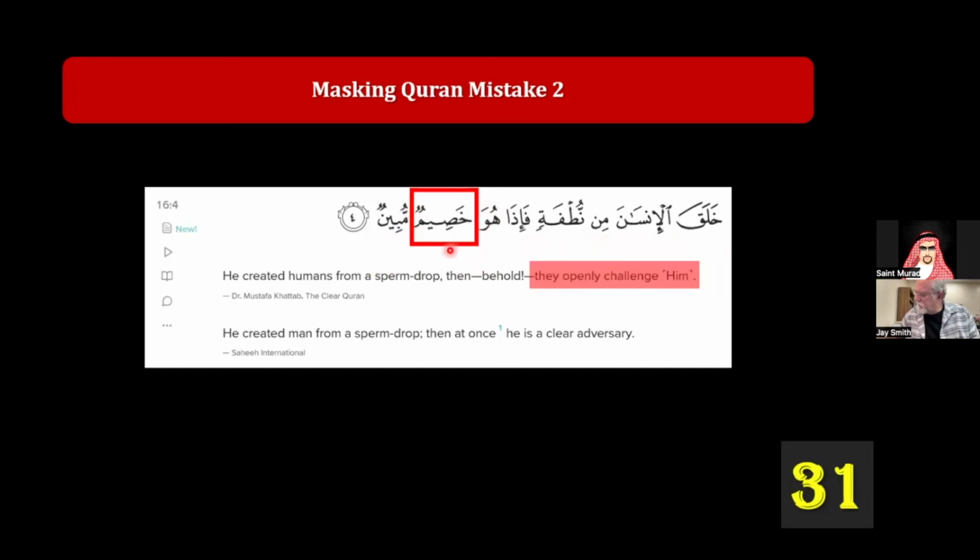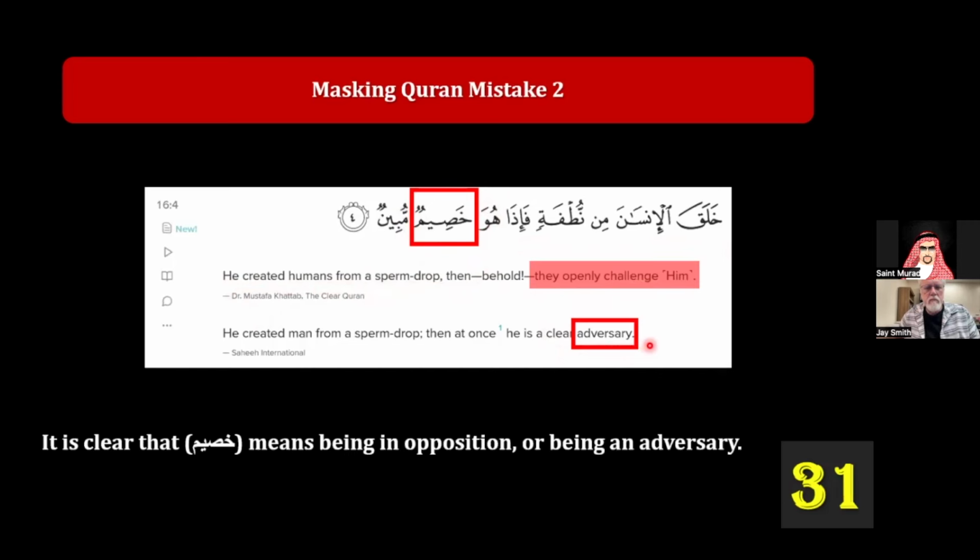So here the clear Quran says "they openly challenge him." So he created humans from a sperm drop. Then behold, this human is openly challenging God. And here Sahih International says "a clear adversary." So they are both right here. They know that Haseem means being in opposition or being an adversary.